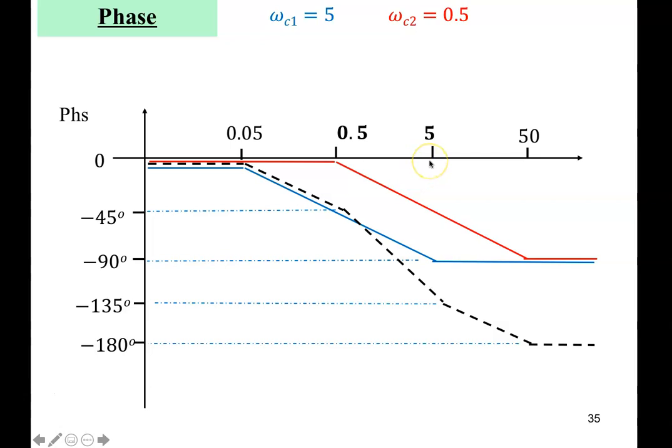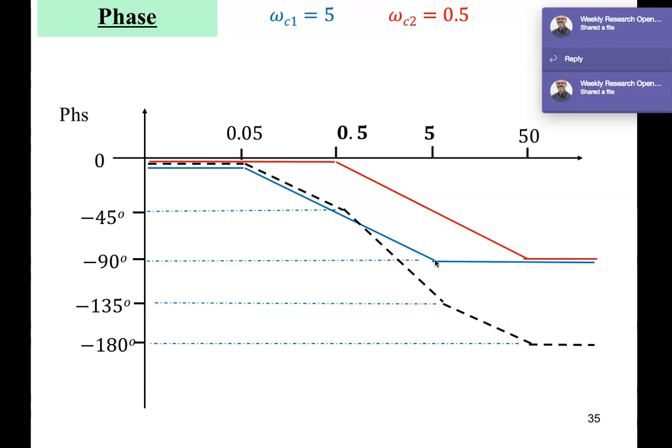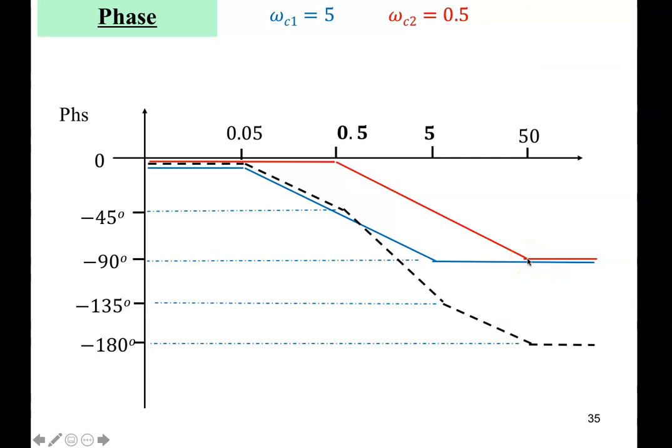Moving another further division, red is minus 45, blue is minus 90. So minus 45 minus 90 gives me minus 135. So I need to go to where minus 135 is, make a dot there, and connect that back to the end of my black line. Another division up, at 50, I get minus 90 and minus 90, that gives me minus 180.